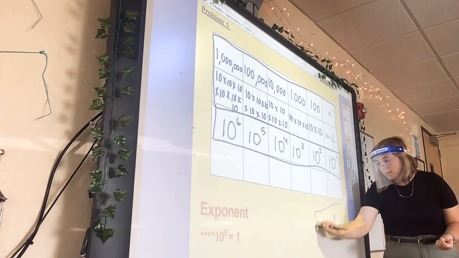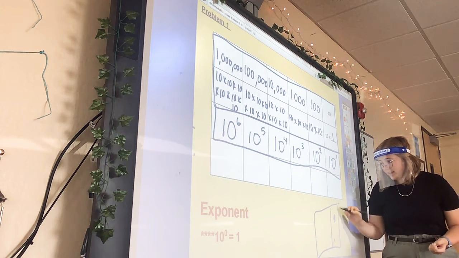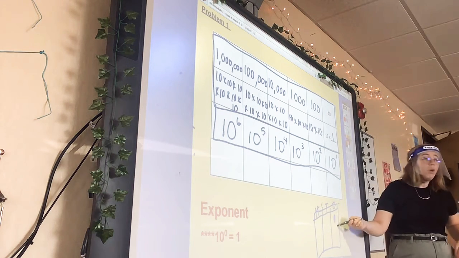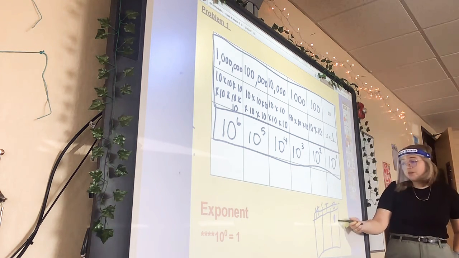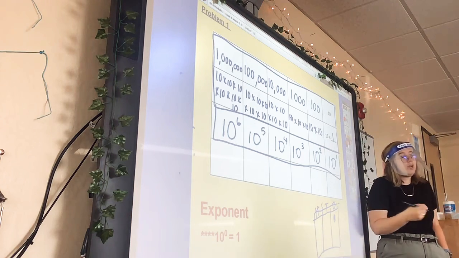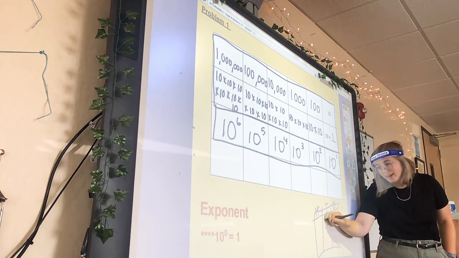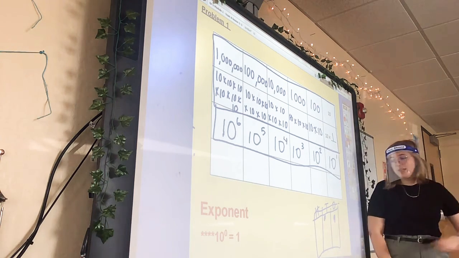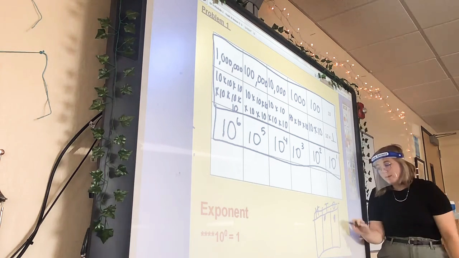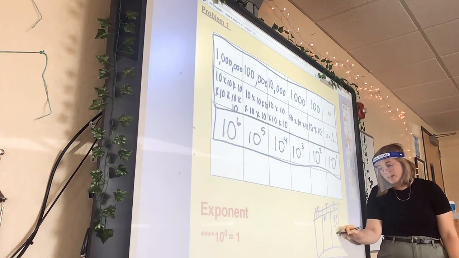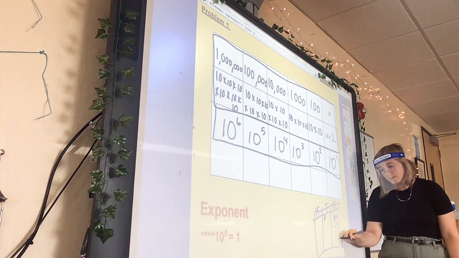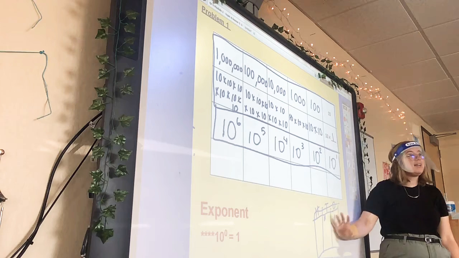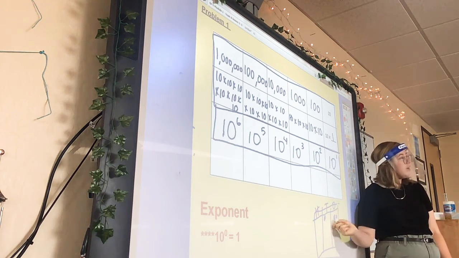If this was like a mock place value chart right here, this is ones, tens, hundreds. 1 in the tens place, okay, is equivalent to 10 ones, right? These are not the same right now. But if I were to put 10 copies of that, okay, now they're the same, right? Because the tens place is 10 times bigger than the ones, okay?